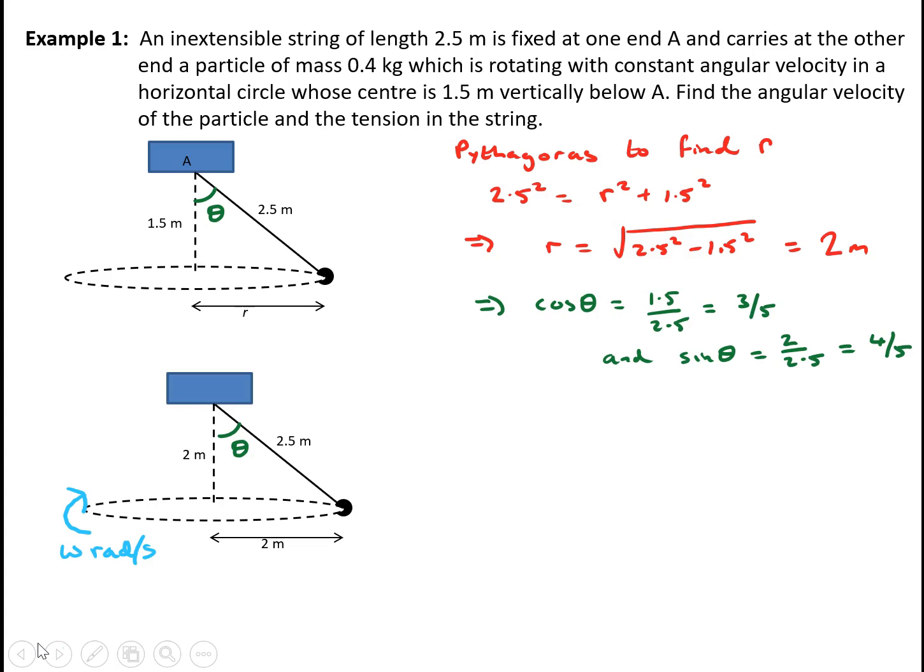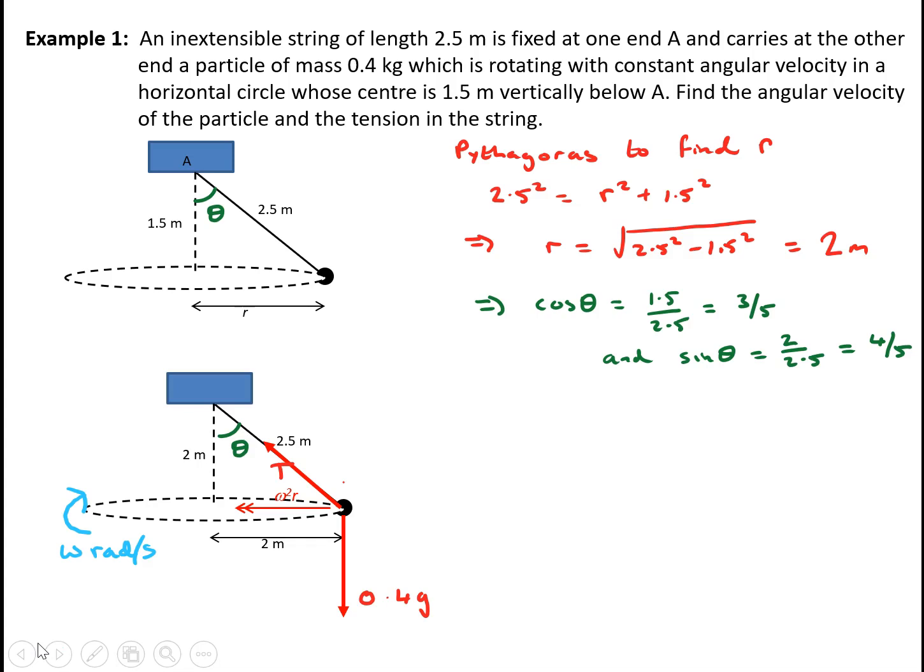So the forces acting on the particle are its weight of 0.4 g and the tension in the string, which we shall call T. We know that the acceleration acting on the particle has size omega squared r and acts towards the centre of the circle.